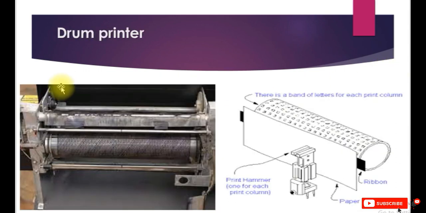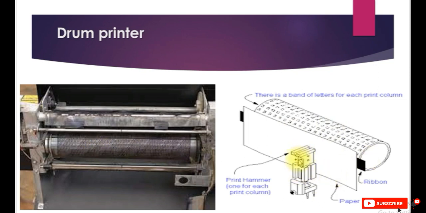The drum printer, again, it's a drum. The mechanism is essentially a drum, as you're seeing here. We have another image here, an illustration. Similar principle to the daisy wheel printer. It is just that the mechanism is a different form factor.